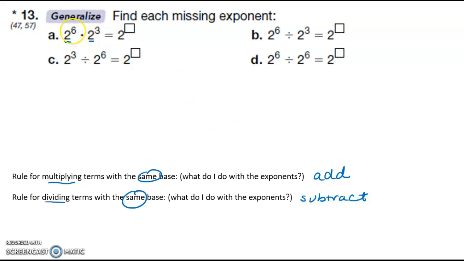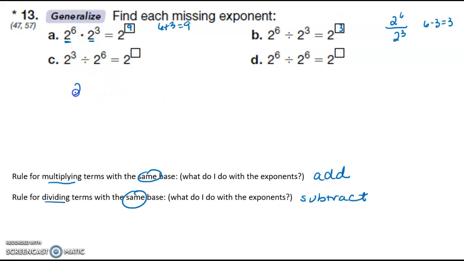So here I have 2 to the 6th times 2 to the 3rd. We have the same base, so I'm going to do 6 plus 3, which is 9, and that's my answer. Here I have 2 to the 6th divided by 2 to the 3rd. You could also write that like this. So I'm going to do 6 minus 3, which is 3.